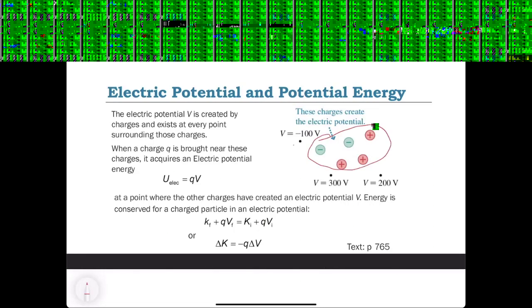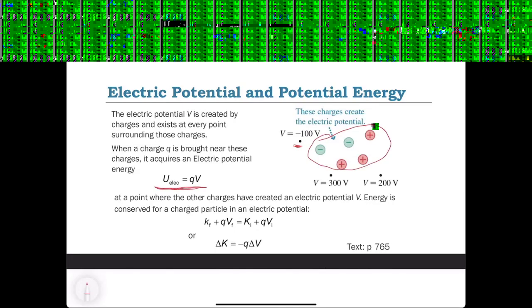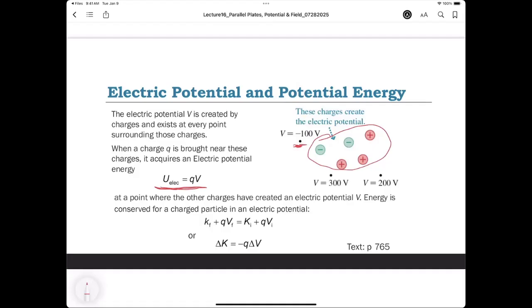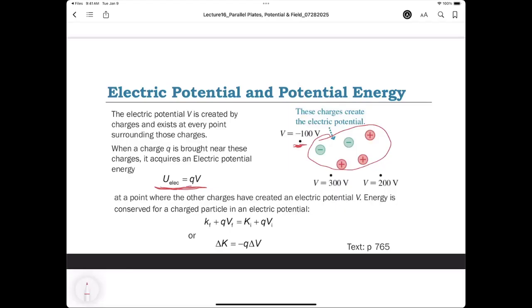When a charge Q, this black dot, is brought near these charges, it acquires an electric potential energy. How do we calculate it? It's Q multiplied by the voltage. For example, here the voltage is negative 100, so it will be Q multiplied by negative 100 volts. Here it is 300 volts multiplied by Q. The same goes for the other point.